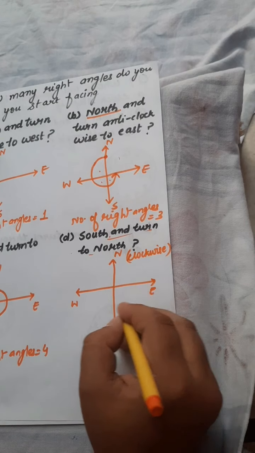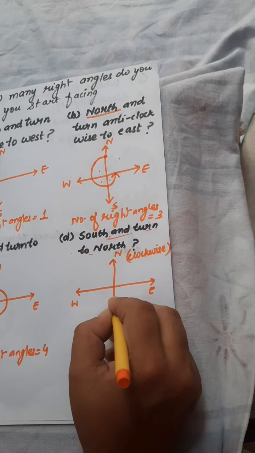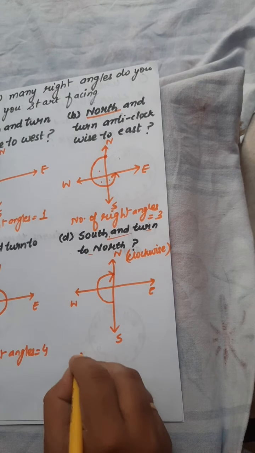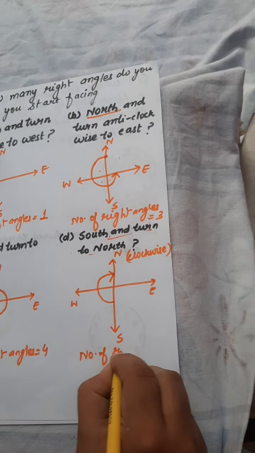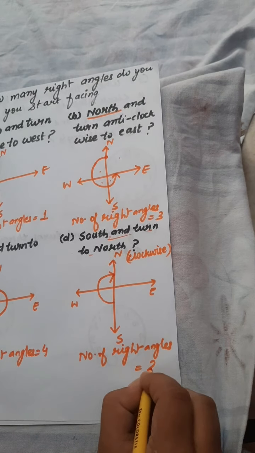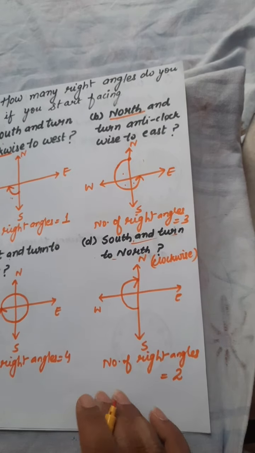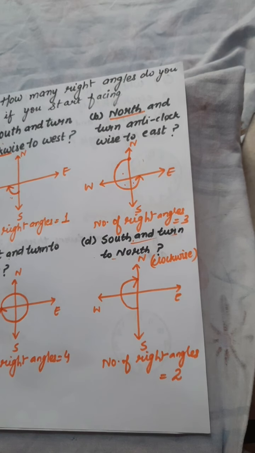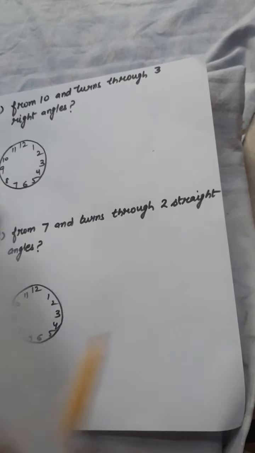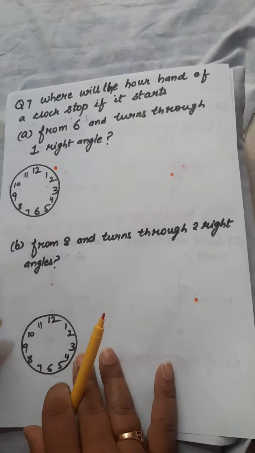So we will start from south and turn to north. So here the number of right angles is 2. You can go clockwise as well as anti-clockwise.